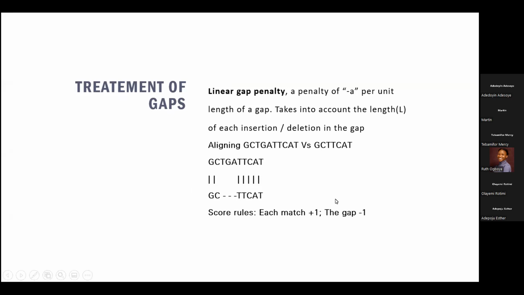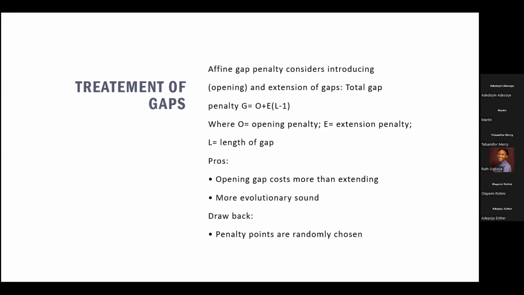So affine gap penalties consider the opening gap and the extension of gaps. By opening, I explained earlier, when a gap starts a sequence, and extension is when it continues, right?